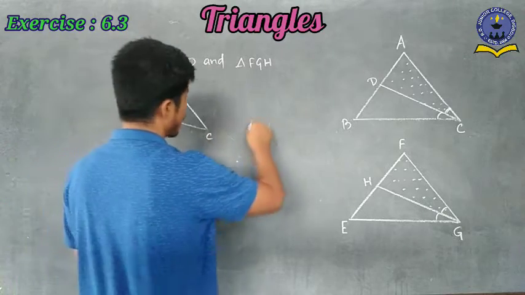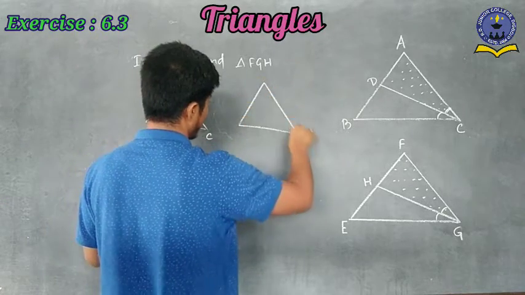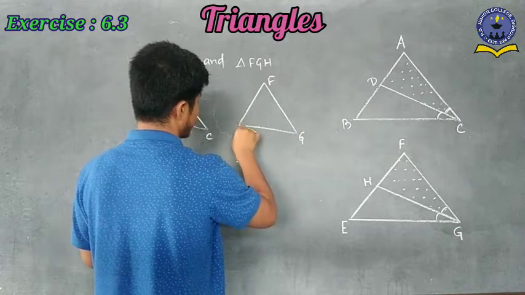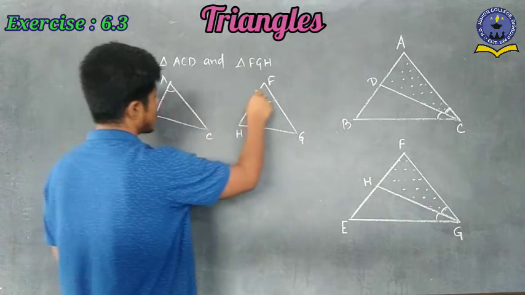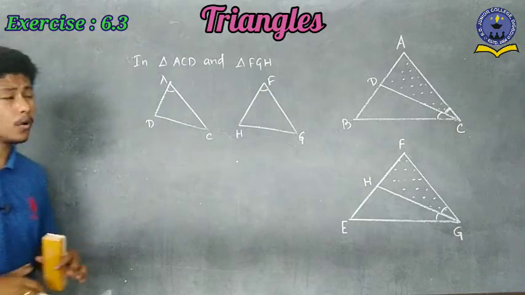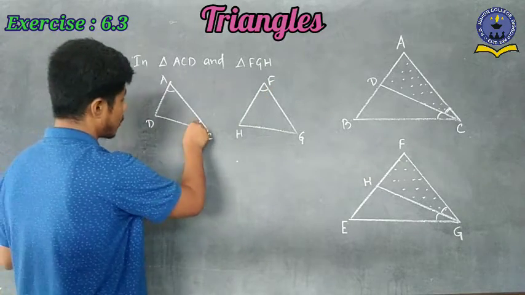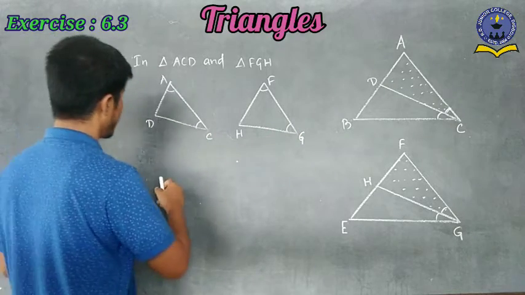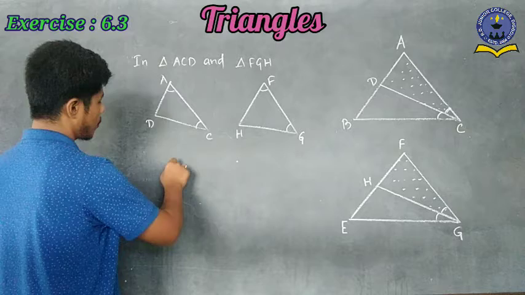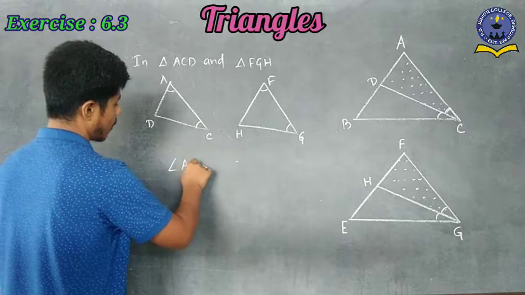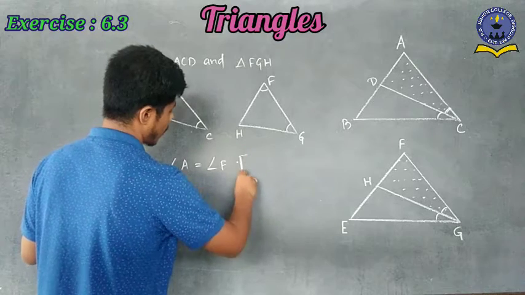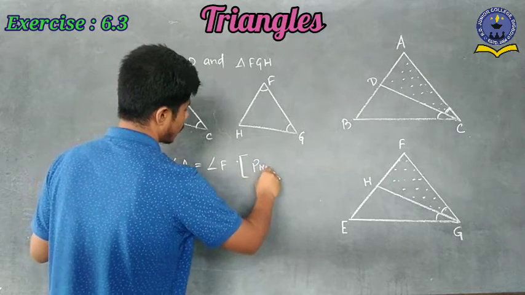Now angle A is equal to angle F, already we know, as well as we proved here angle ACD is equal to angle FGH. So here you write angle A equals angle F, and in bracket you write "proved above".